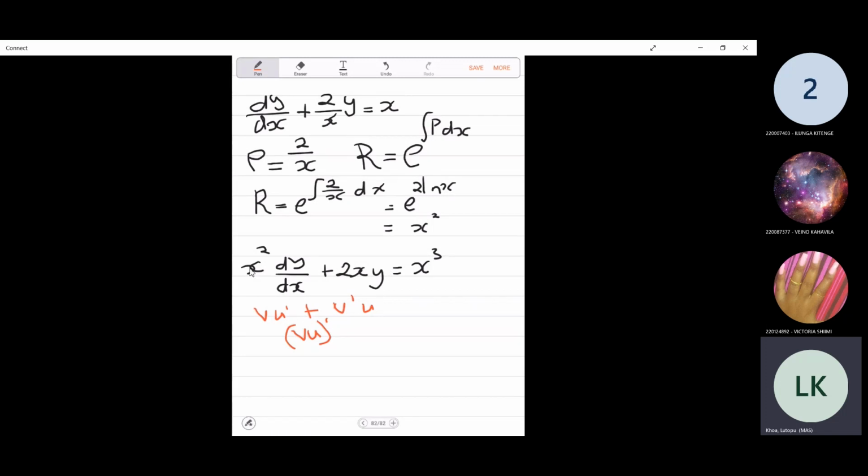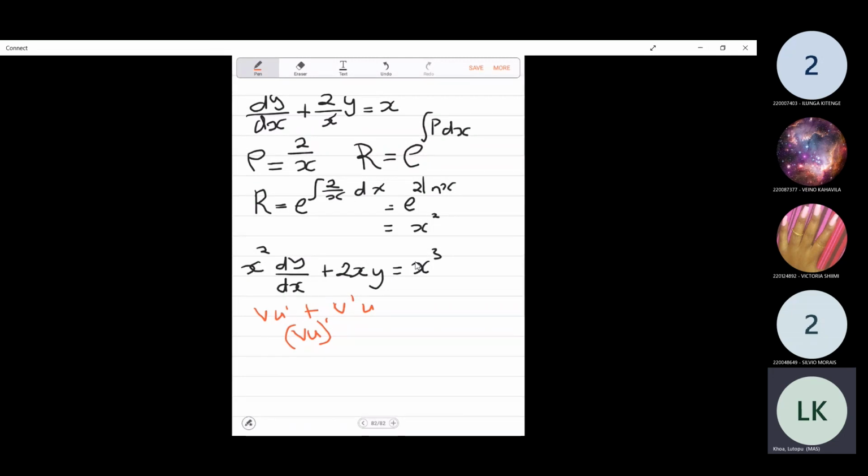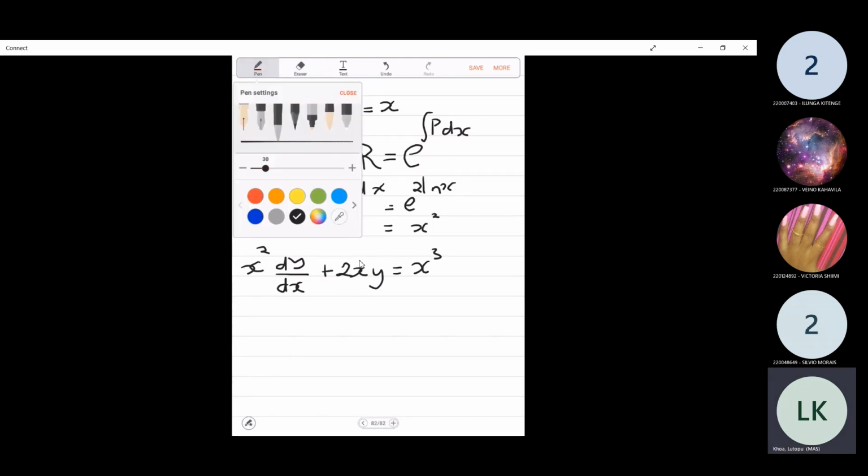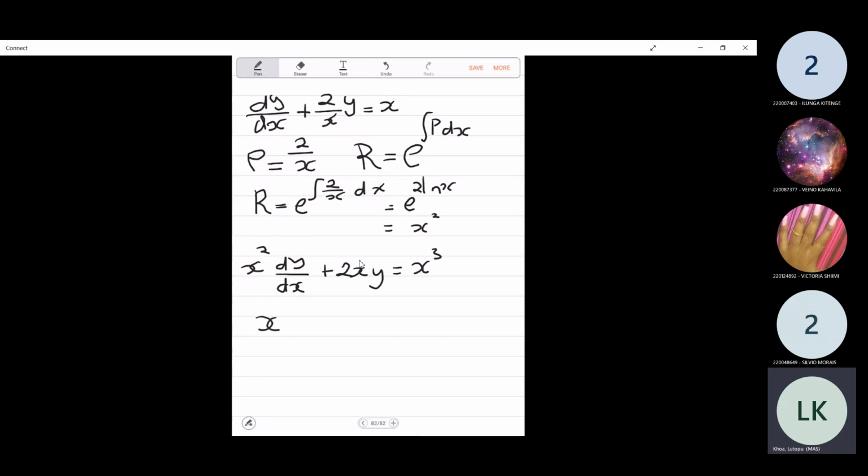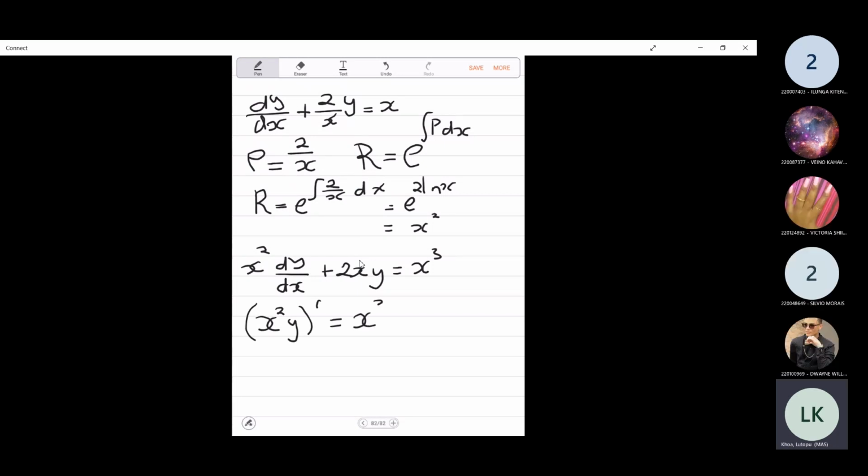So we can see that when I multiplied by the integration factor, I created on the left-hand side the product rule. So making use of the product rule, I can now rewrite the left-hand side as x squared times y prime. This is equal to x to the power of 3.